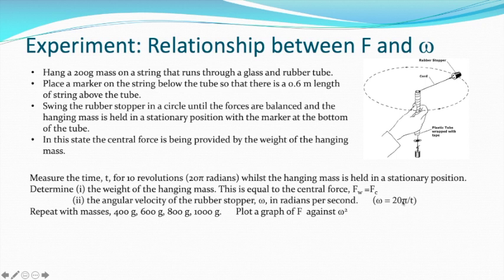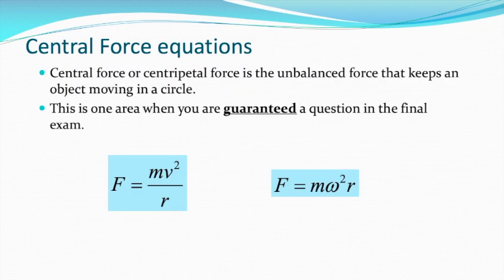The angular velocity will be 20 pi divided by the time for 10 revolutions. And if we repeat that with 400, 600, 800 grams and then with 1 kilogram, we can plot a graph of the centripetal force against the angular velocity squared. Why are we plotting F against omega squared? Because in both of our relationships, the centripetal force varies directly with either the tangential speed squared or the angular velocity squared. Let's see how we got on.